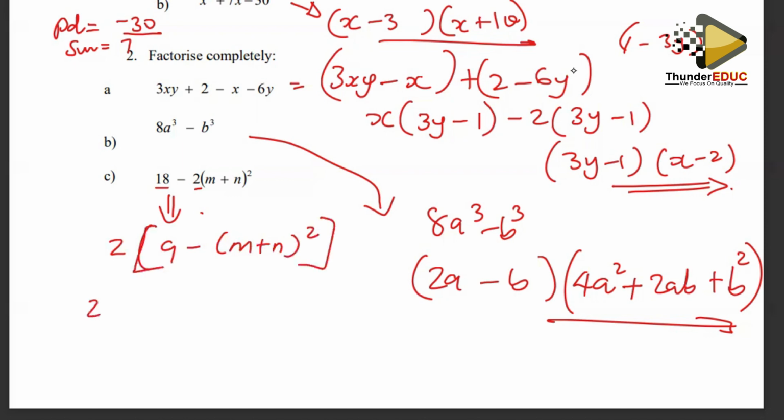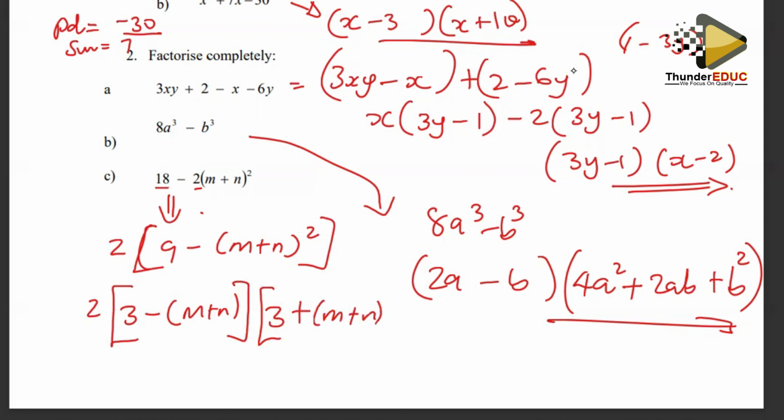Okay, so that's a 2 into the square root of 9 is 3 minus, we have m plus n, and then we have 3 plus m plus n. Okay, so that's a difference of 2 squares because 9 can be written as a square. That's why I've broken it down like that.